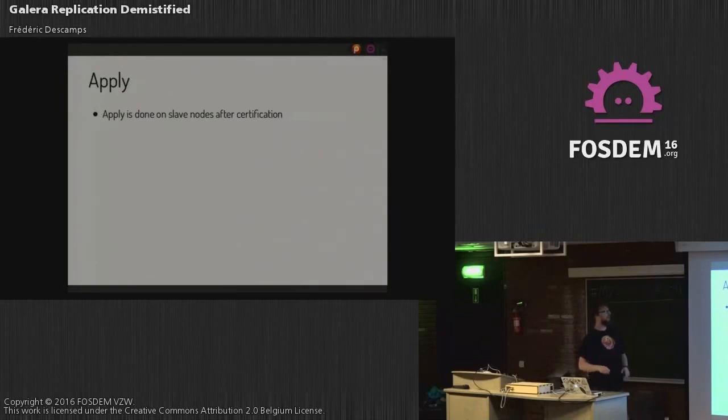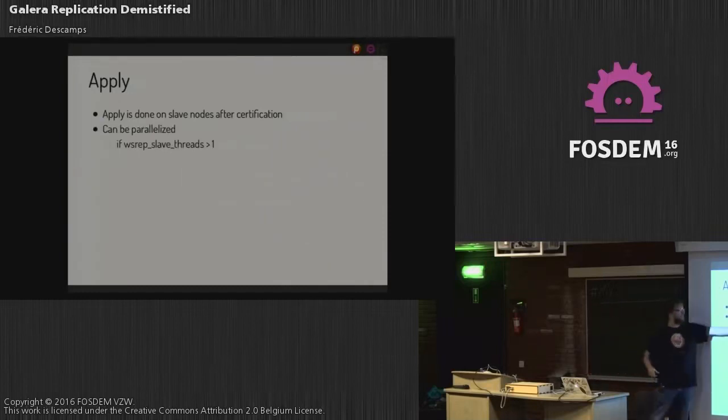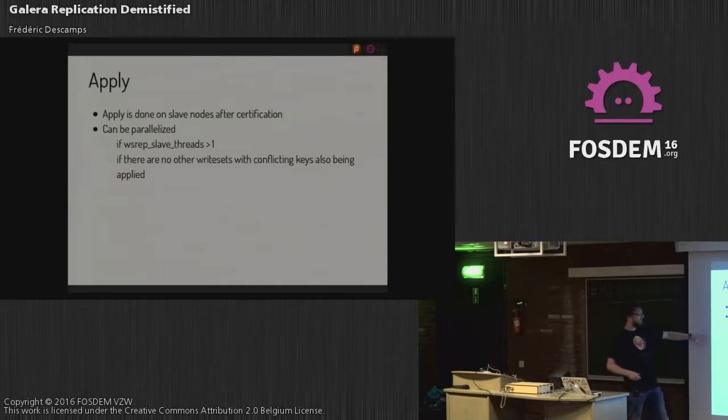Apply is done on slave nodes after certification. They are parallelized if the slave threads setting is bigger than 1, which is not the default, and if there are no other write sets that could conflict with it being applied. The cost is also the size of the transaction.